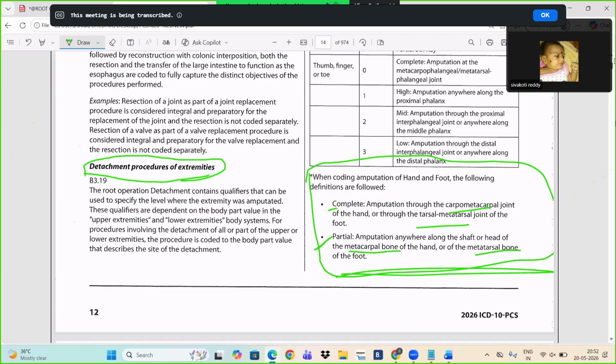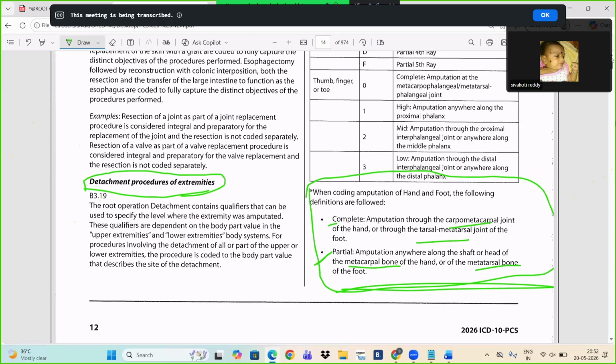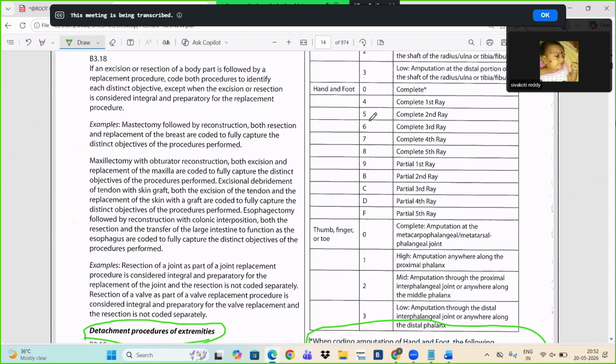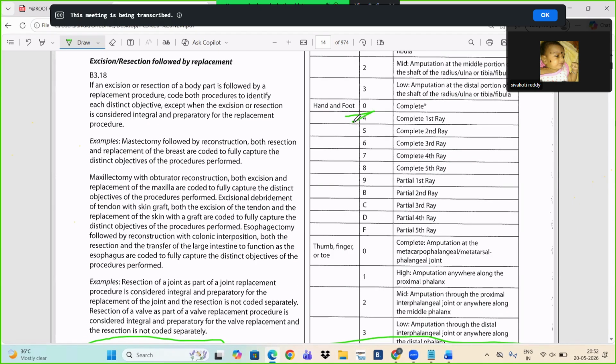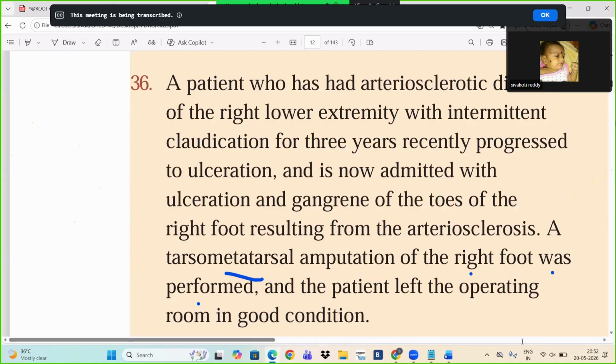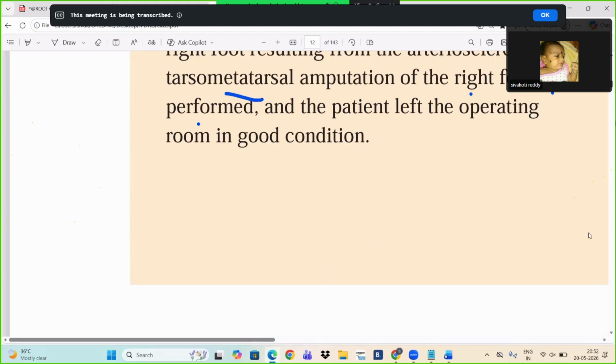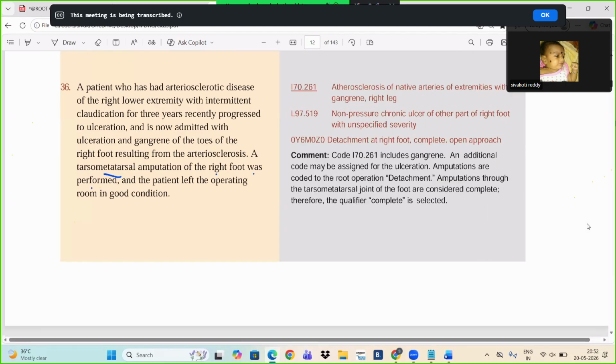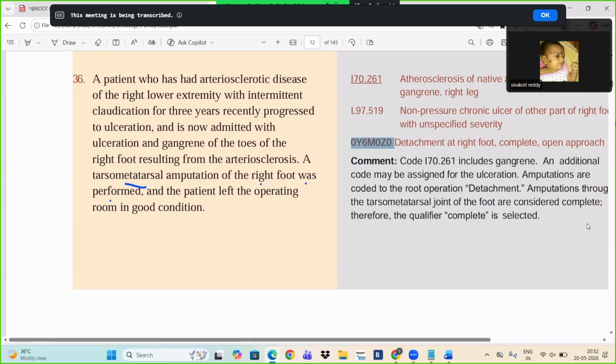Here only you will get it. Hand and foot complete means 0. Zero should be the qualifier. 0Y6M0Z0, correct? 0Y6M0Z0.